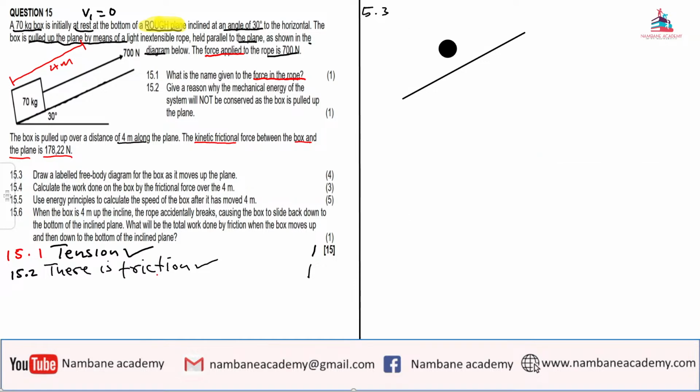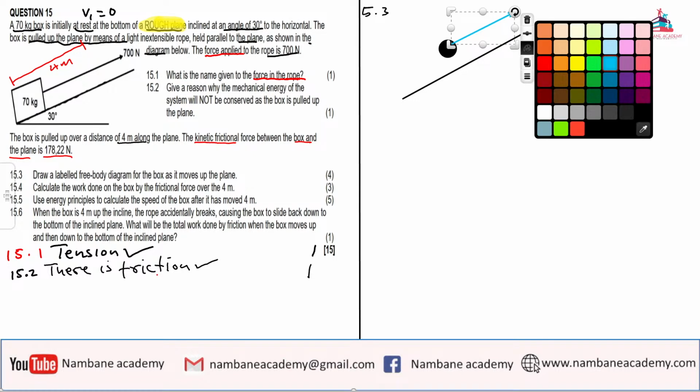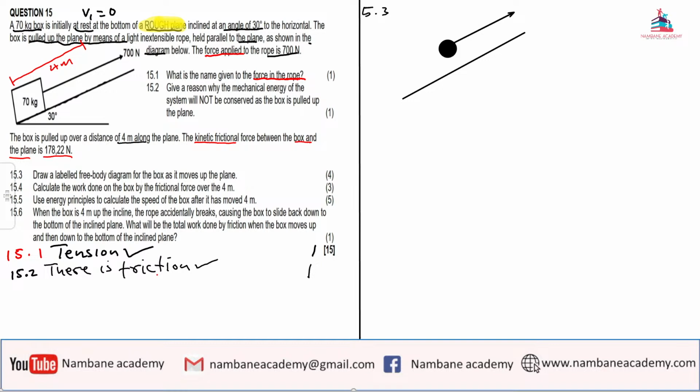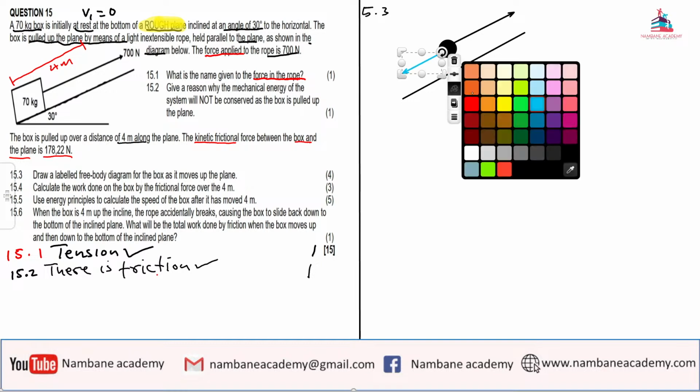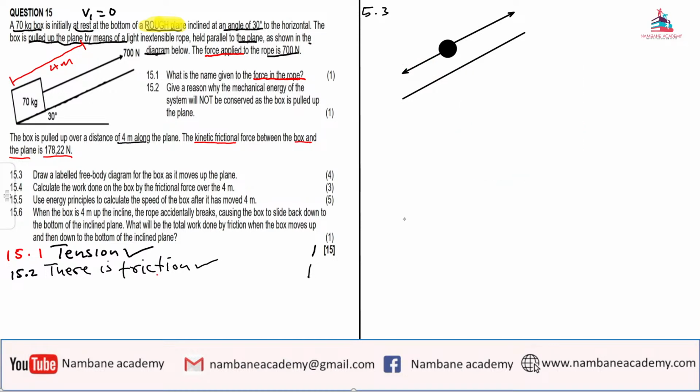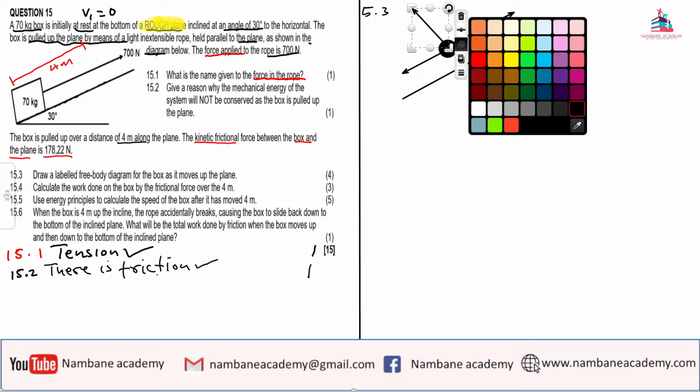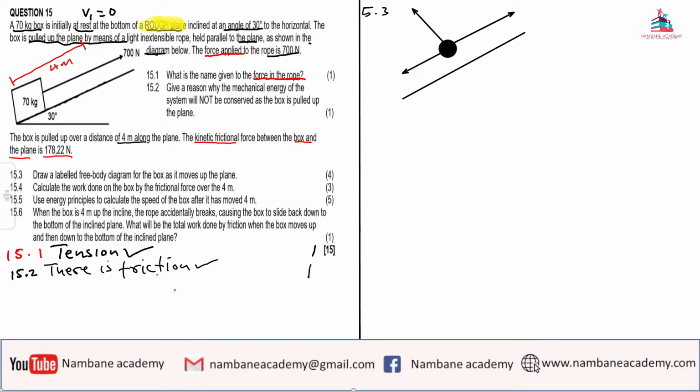I know I have the tension force in this direction. I have my frictional force in this direction. And I am going to have my F normal, which is acting perpendicular to the surface. And I am going to have my FG, which is always acting downwards.